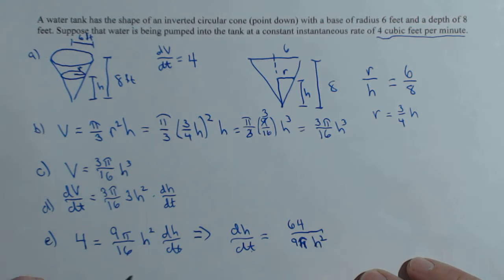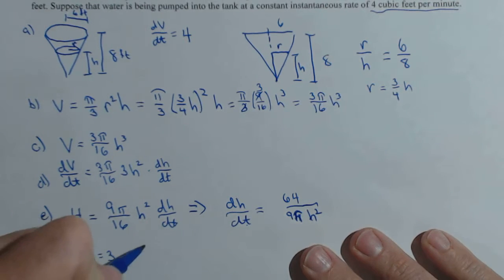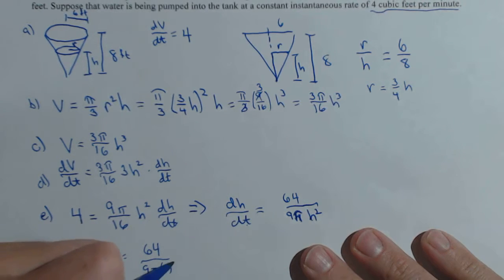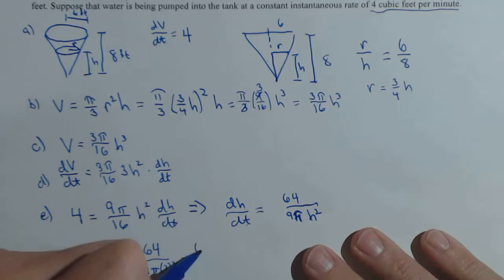So now let's go ahead and do this at 3, for instance. So when h equals 3, we get 64 over 9 pi times 3 squared, or 64 over 81 pi.